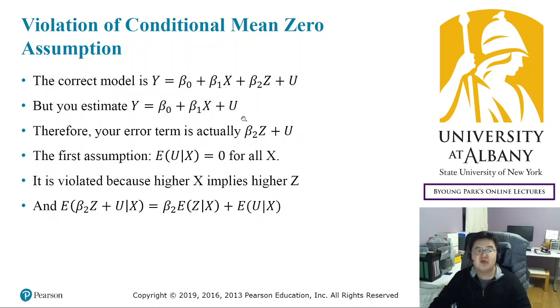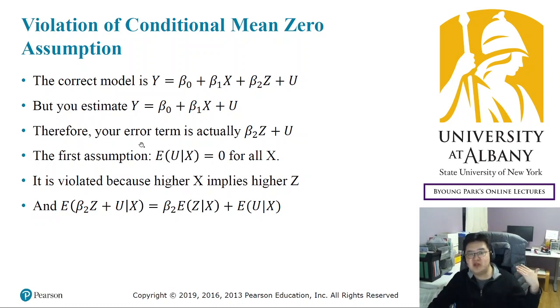And remember the first assumption was the conditional mean zero assumption, which can be written in this way. Regardless of the value of x, where x is the COVID cases, no matter what the number of COVID cases is, the error term must be on average zero.